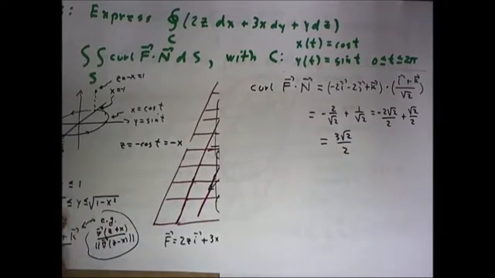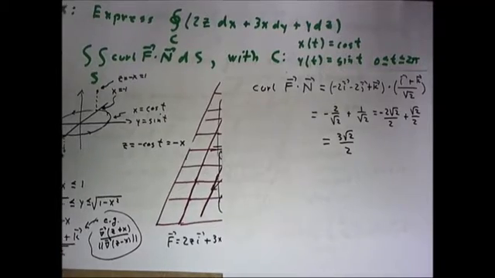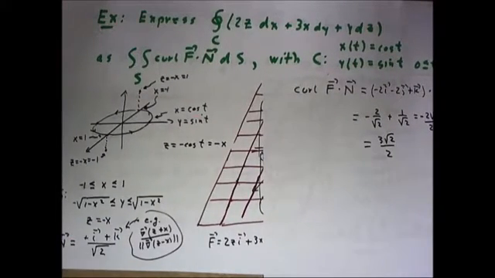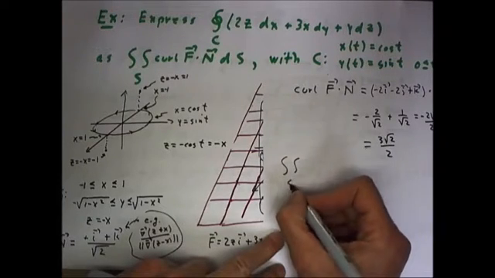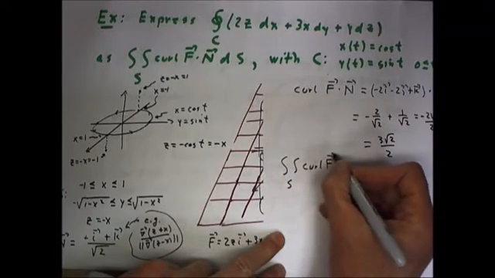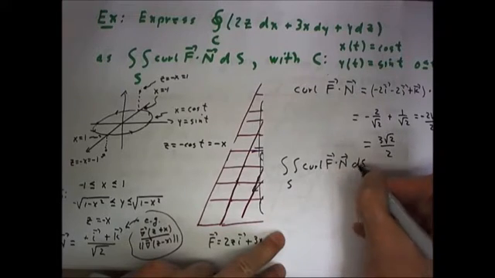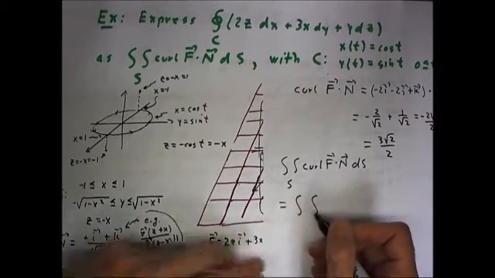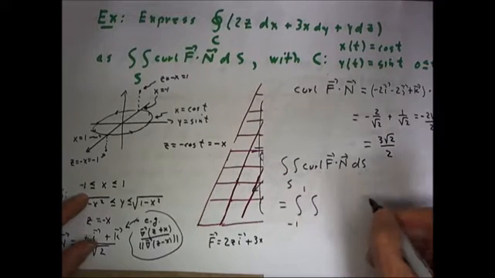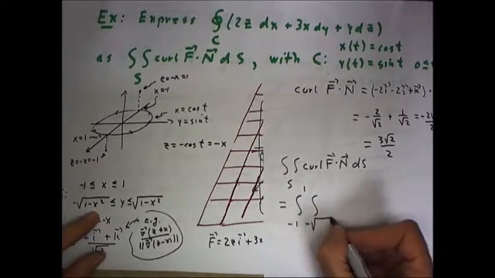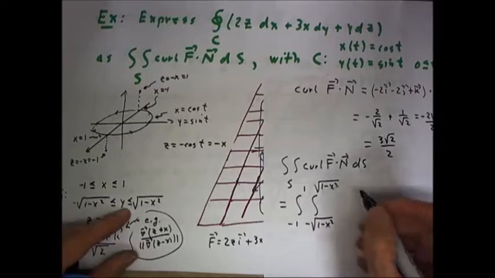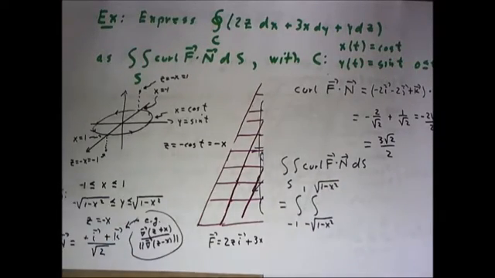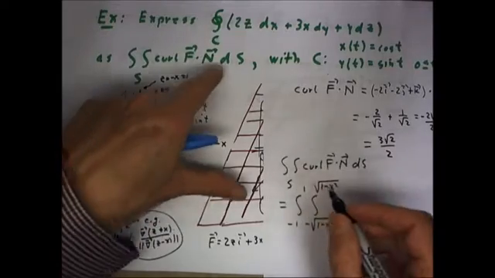Curl of f dot n is integrated over this surface, so that the integral of curl of f dot n over our surface is going to be the integral first from negative 1 to 1 with respect to x, and negative square root of 1 minus x squared to the square root of 1 minus x squared with respect to y integral being first, and our dS, our area element.